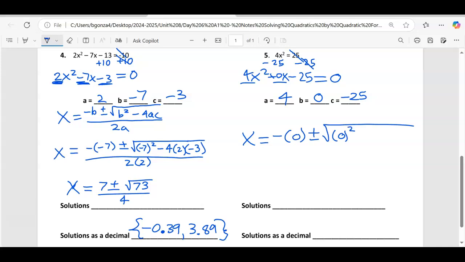Minus 4 a times c. 4 times negative 25. Divided by 2a, which is 4. So you're just plugging stuff in, replacing a, b, and c.